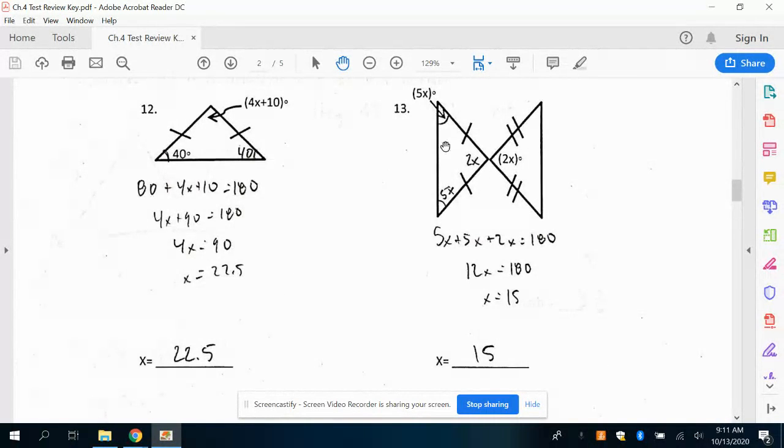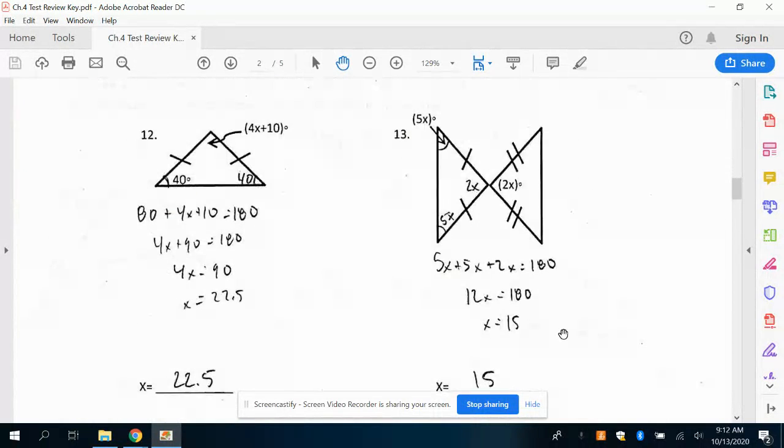And if this is 5x, this has to be 5x because the angles across from the congruent sides are congruent. So then you add all those together and set them equal to 180 because it is a triangle. So 5x plus 5x plus 2x is 180. So that's 9 through 13. So hopefully that clears up any questions there.